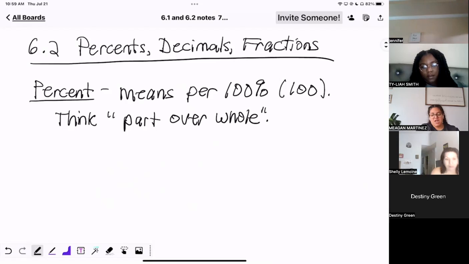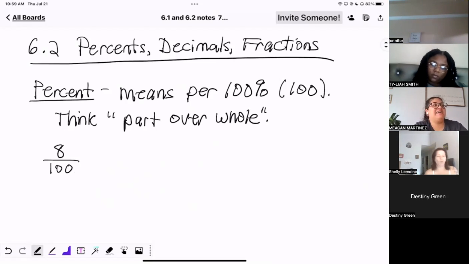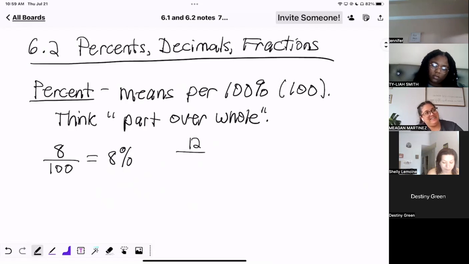So part over whole. If I look at 8 out of 100, I'm talking about a proportion now, not a fraction, right? That means I have 8%. If I have 12 out of 100, I'm talking about percent. That means I have 12%.